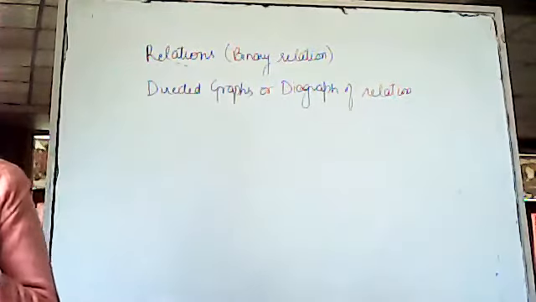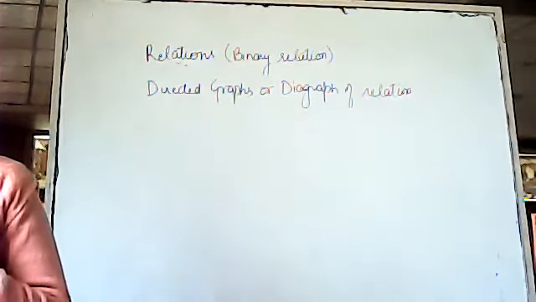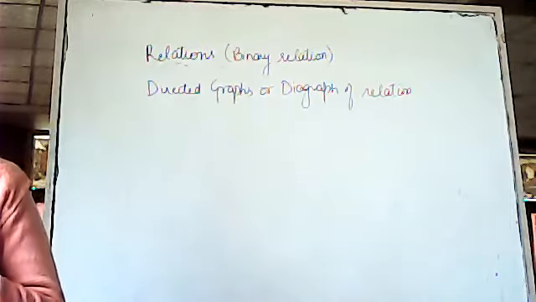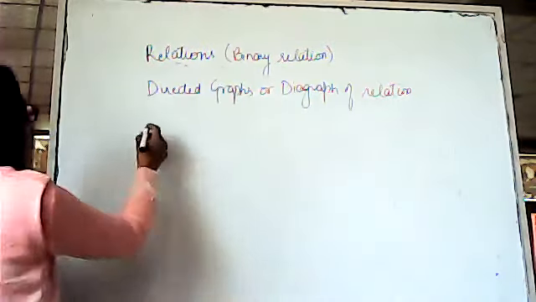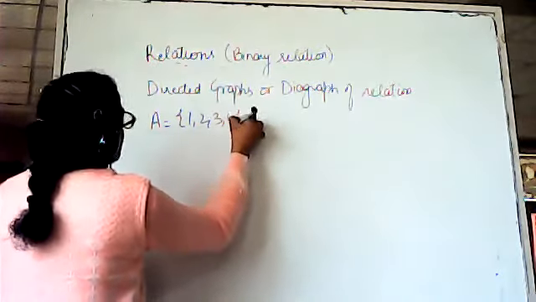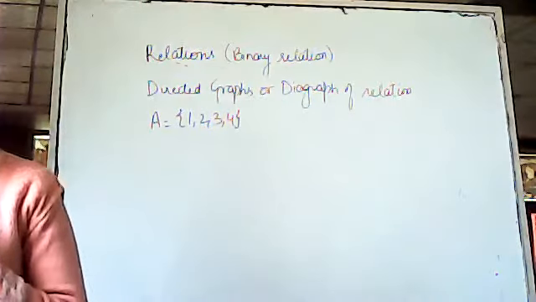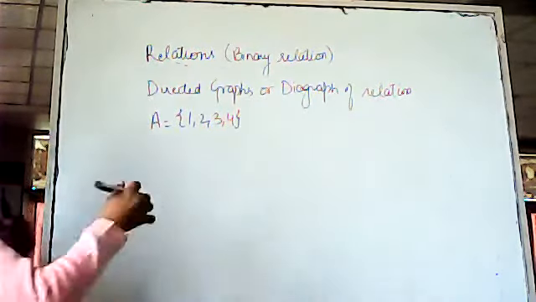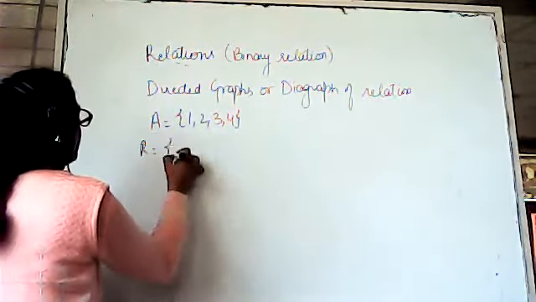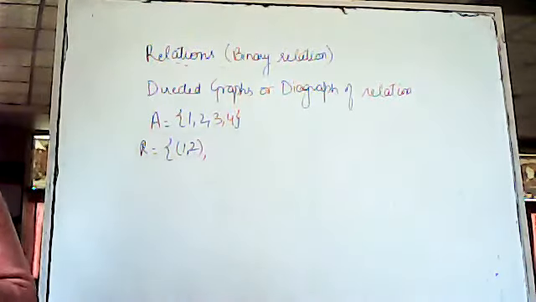Definition is: consider a relation R on set A equals 1, 2, 3, 4. Let the set A have the elements 1 to 4, defined by R. अब उसने सीधा रिलेशन डिफाइन किया है, लेकिन जो ये रिलेशन आएगा ये क्रॉस प्रोडक्ट में से ही आएगा.